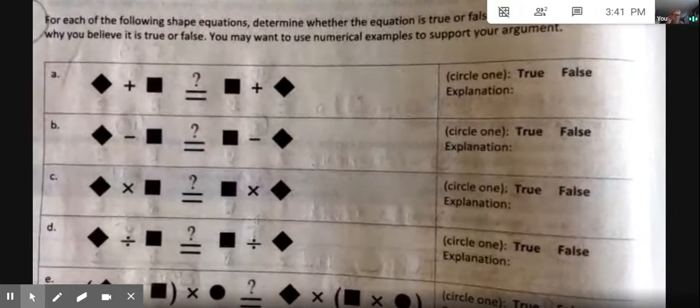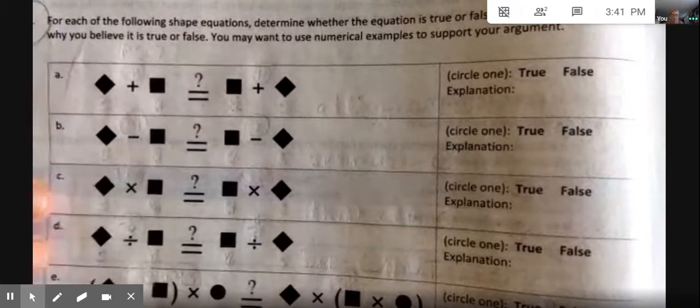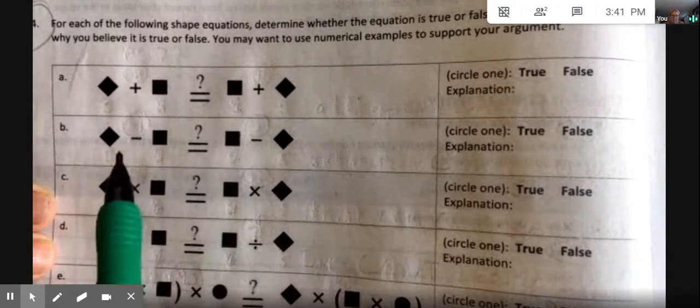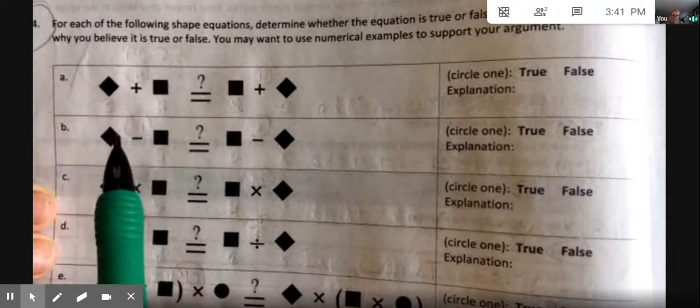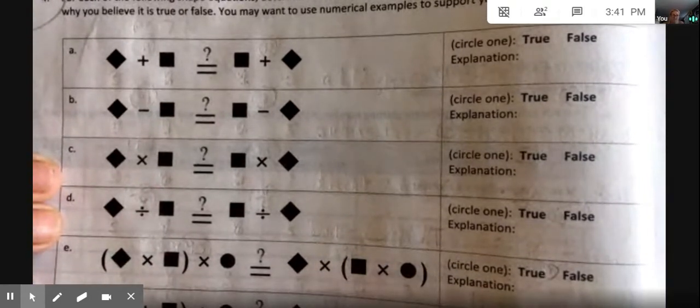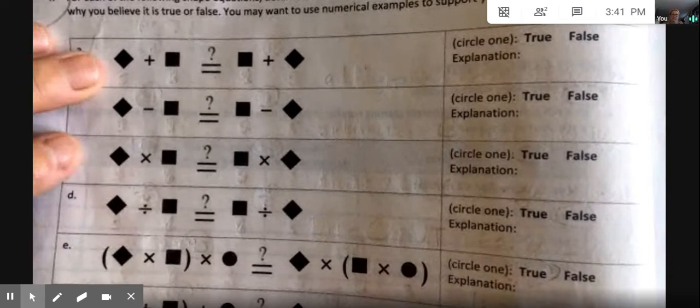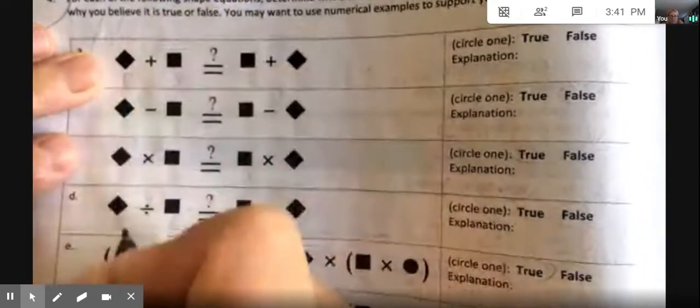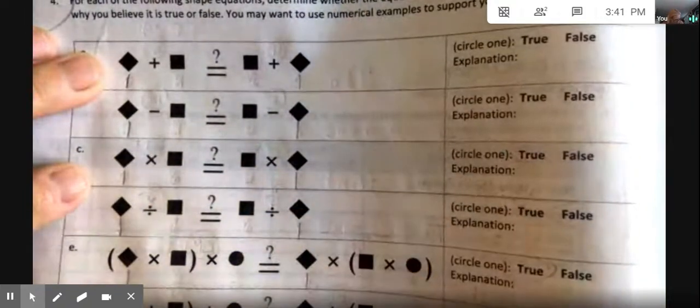For each of the following shape equations, determine whether the equation is true or false. All right, well, these shapes throw me off. I don't think I can do it with shapes. I need actual numbers. So I'm going to just assign some really easy numbers here. So let's say the rhombus is a 1. So go through and mark rhombus with 1 on all the rhombuses, or rhombi.